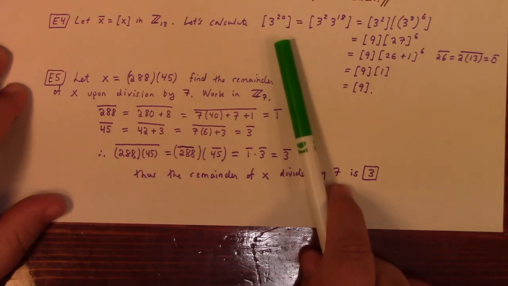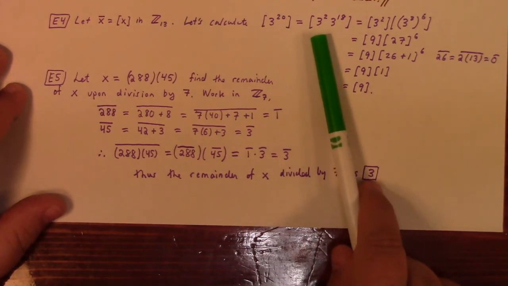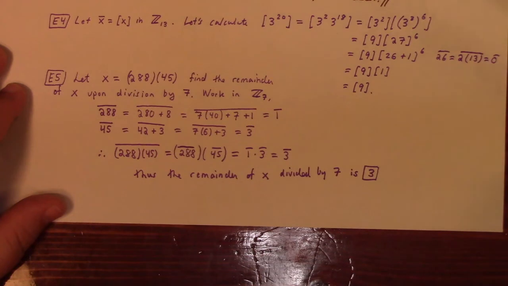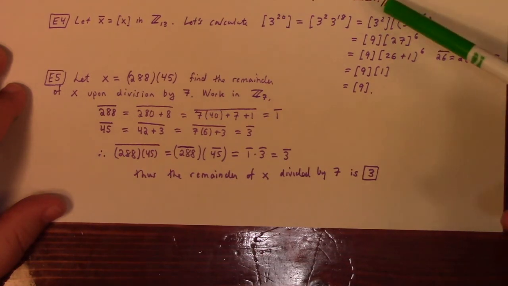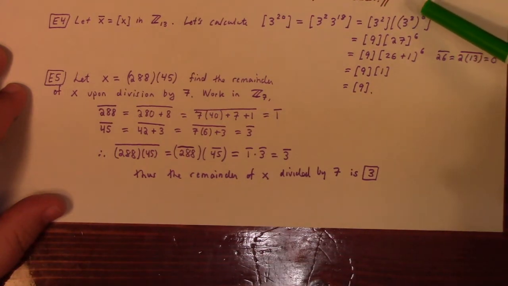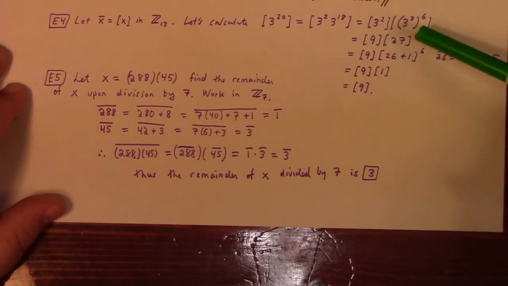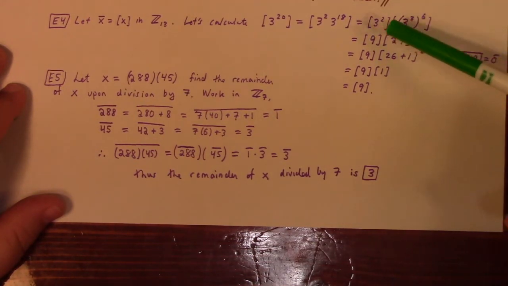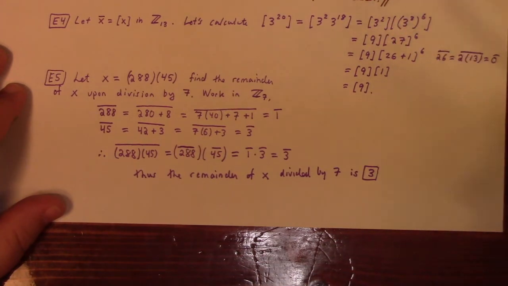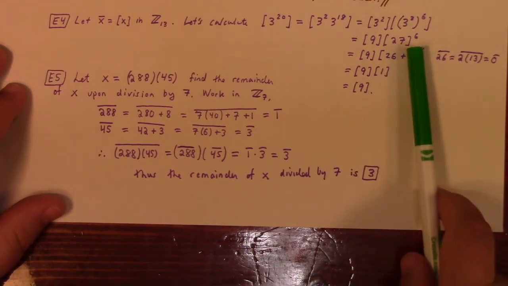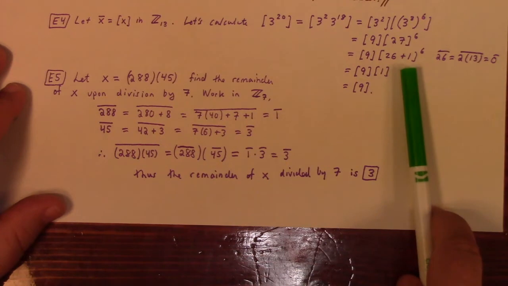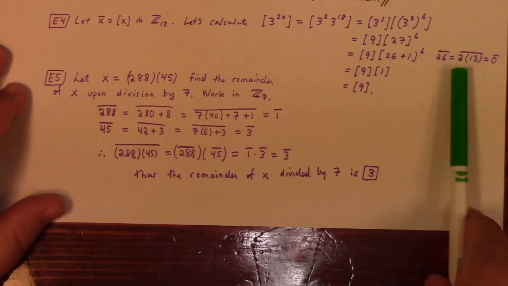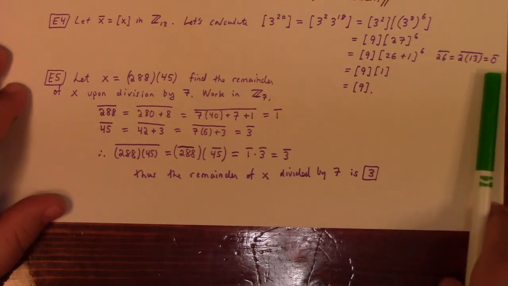So what I do is I break it into 3 squared times 3 to the 18, which is then 3 squared times 3 cubed to the 6th power. 3 cubed is 27, and 3 squared is 9. Now, 27 is 26 plus 1, right? But 26 is 2 times 13, so 26 bar is 0.